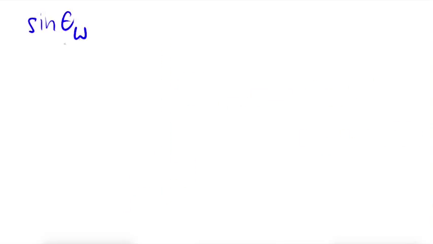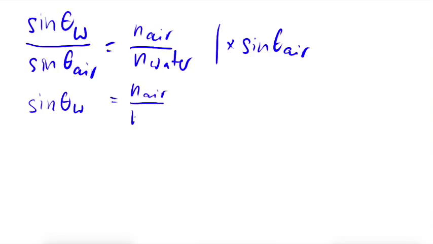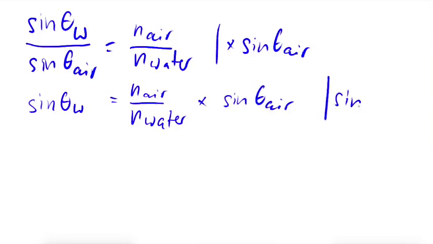As I am interested in an angle, I am writing the angles on the left. Note that I have the cross relationship again. Multiplying both sides by sine theta air gives me sine theta w equals n air over nw times sine theta air. To get theta w from sine theta w, I take the inverse of the sine.